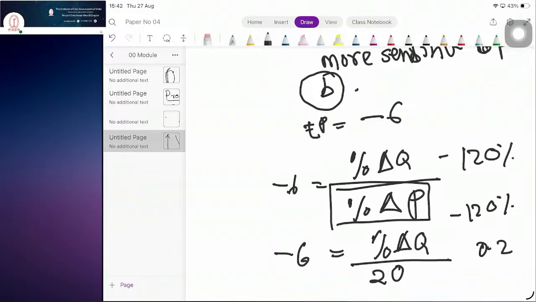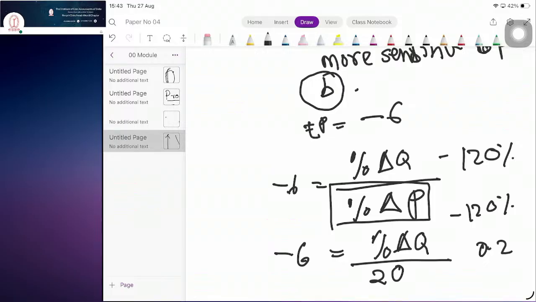Okay, fine. We'll solve one more problem. Solve problem number 19. Problem number 19: the supply function of a product X is 5 times Px plus 3, where Px stands for price.